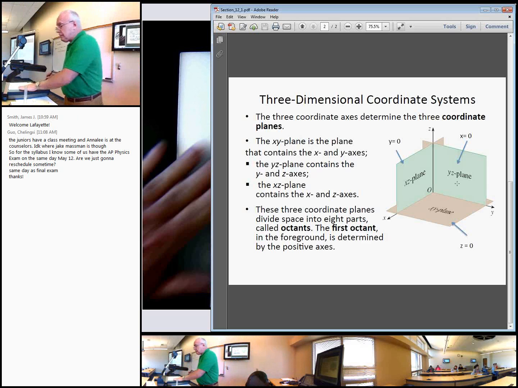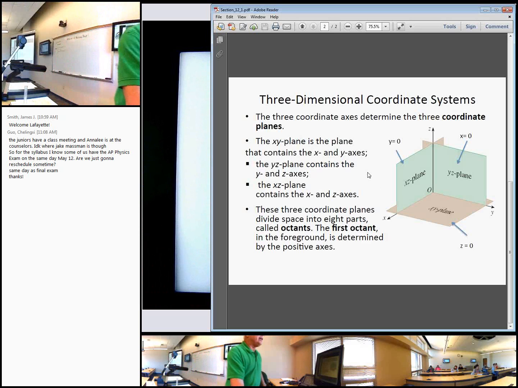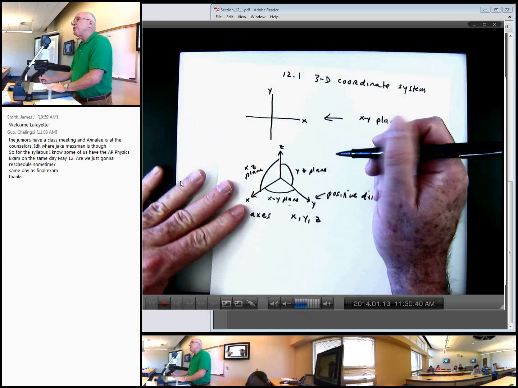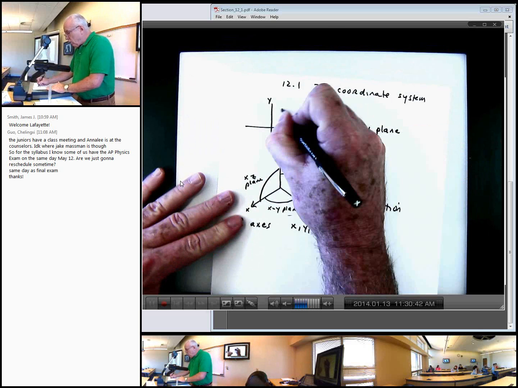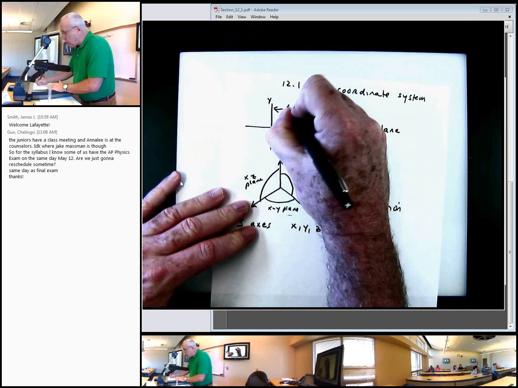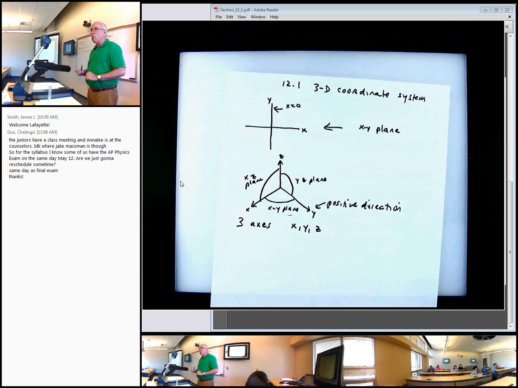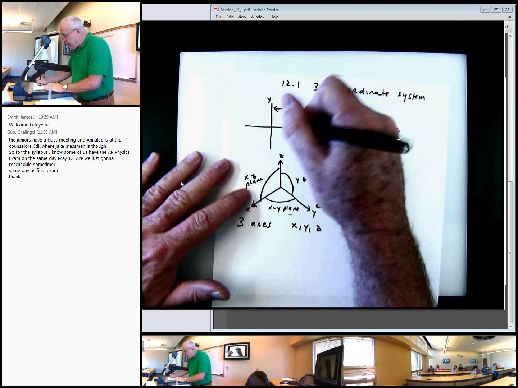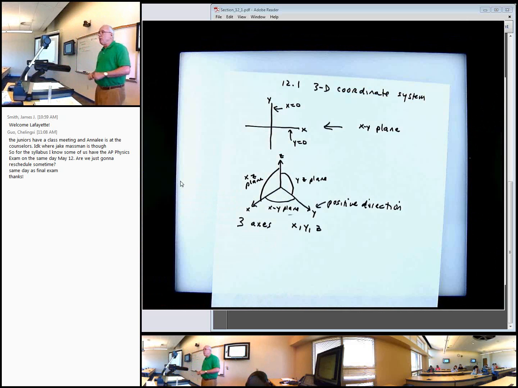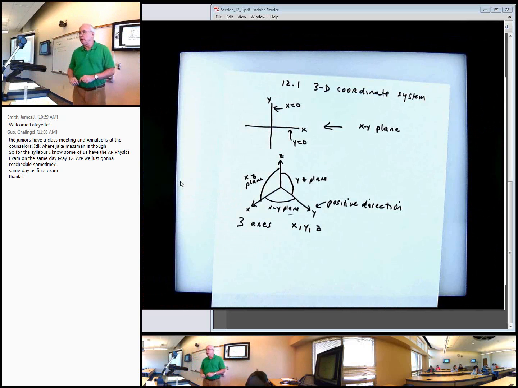Just like in the two-dimensional case, when we talked about just the X and the Y, along the Y-axis, X was always equal to 0. Along the X-axis, Y was equal to 0. All right, it's a similar situation there.